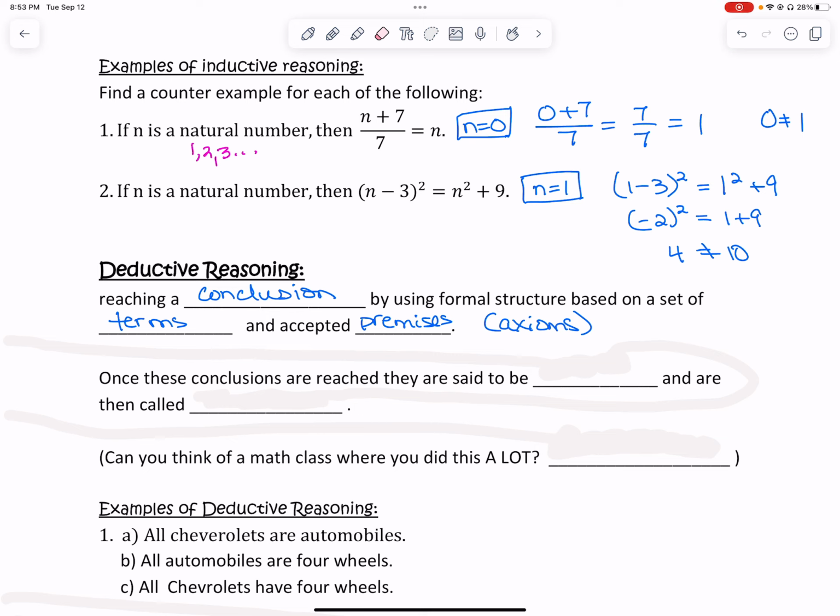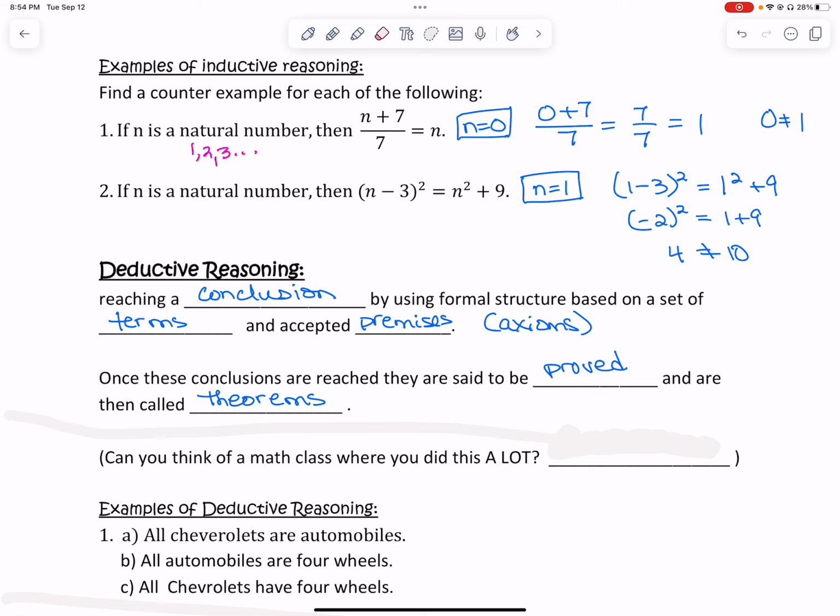What in the world does that mean? Basically, you're going to draw conclusions. You're going to prove things by drawing conclusions, and once they are proved, then they're called theorems.